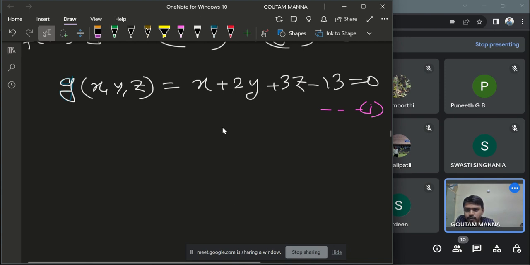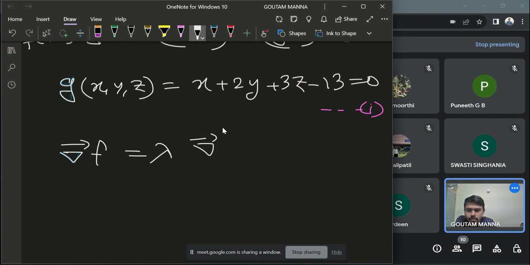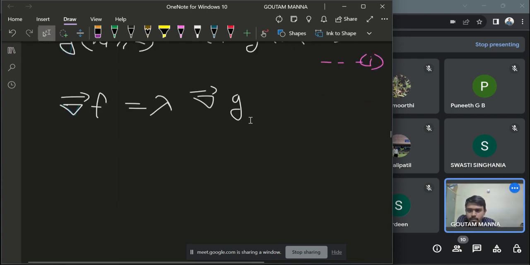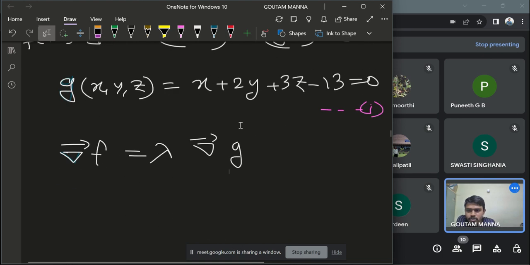Now for optimization, the condition is grad f equals lambda times grad g. It's a 3 variable function, so we will have 3 components.